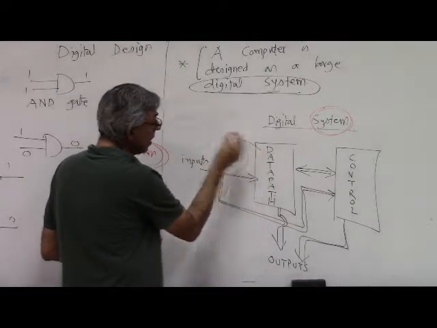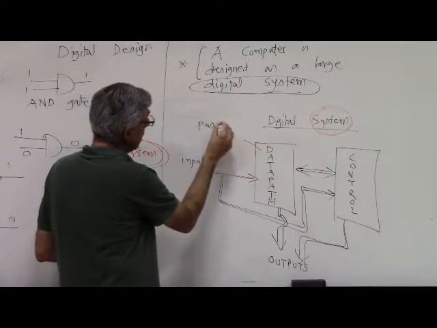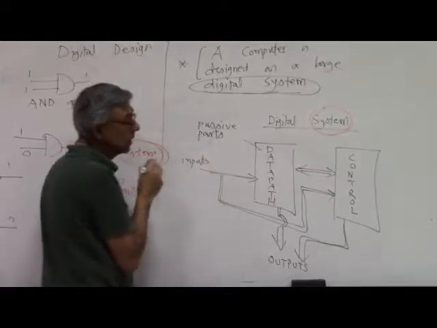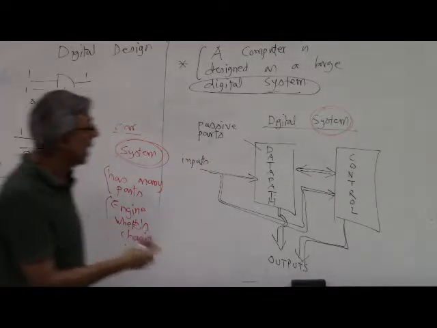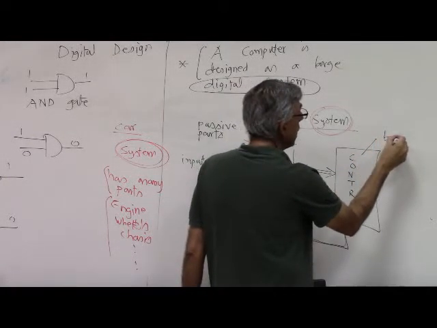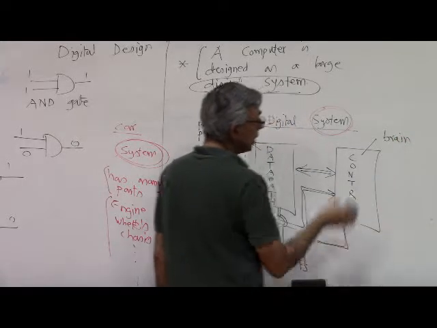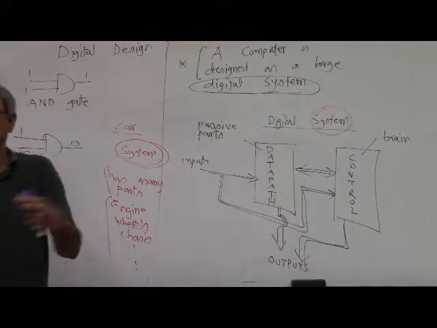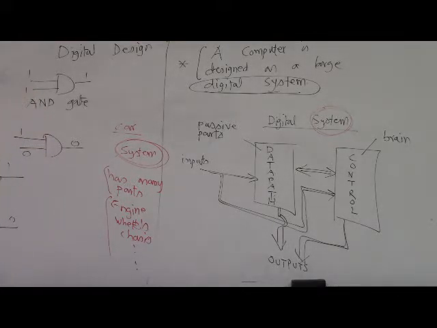The data path is all the passive parts that we need in a functioning system. Control is like the brain of the system. The job of the control is to tell these parts how they will work together, in each and every clock cycle.